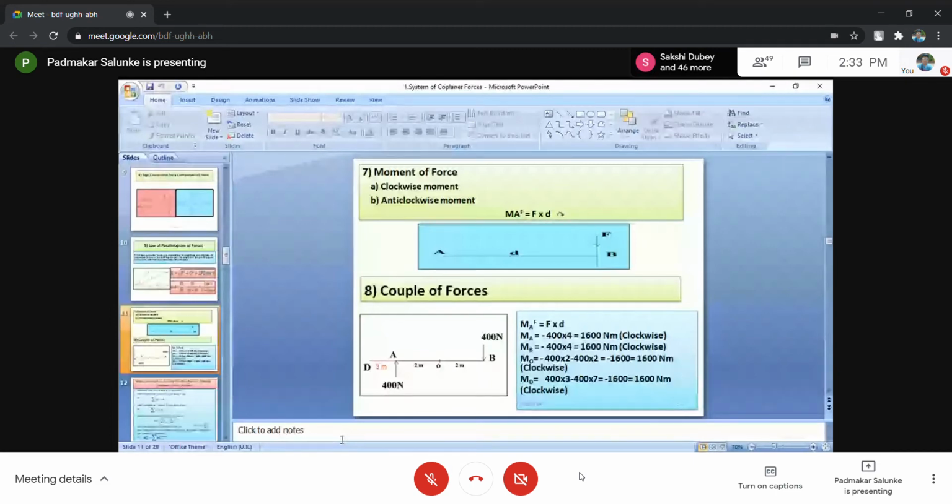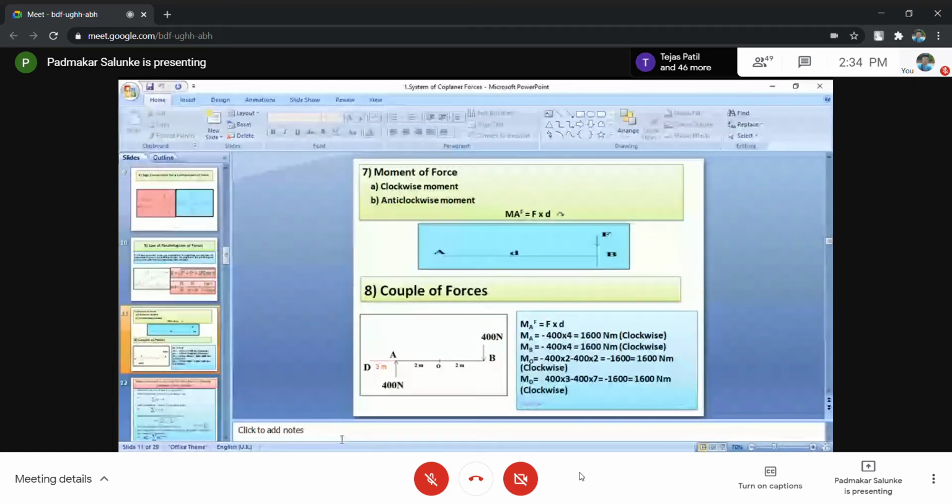On your four-wheeler steering, you apply two hands, one rotating, and in between the two hands your steering is available. The perpendicular distance between these two is called the couple arm. This couple arm is the perpendicular distance, and you are applying two unlike parallel forces of the same magnitudes.